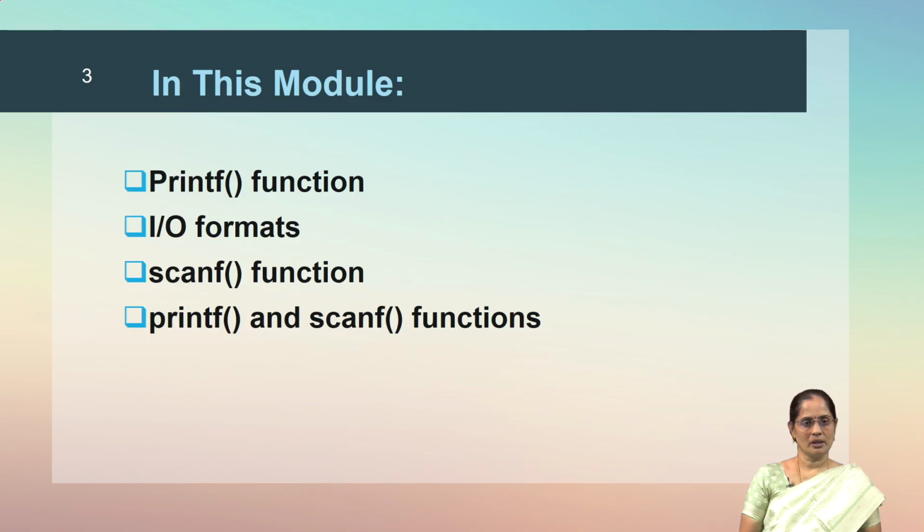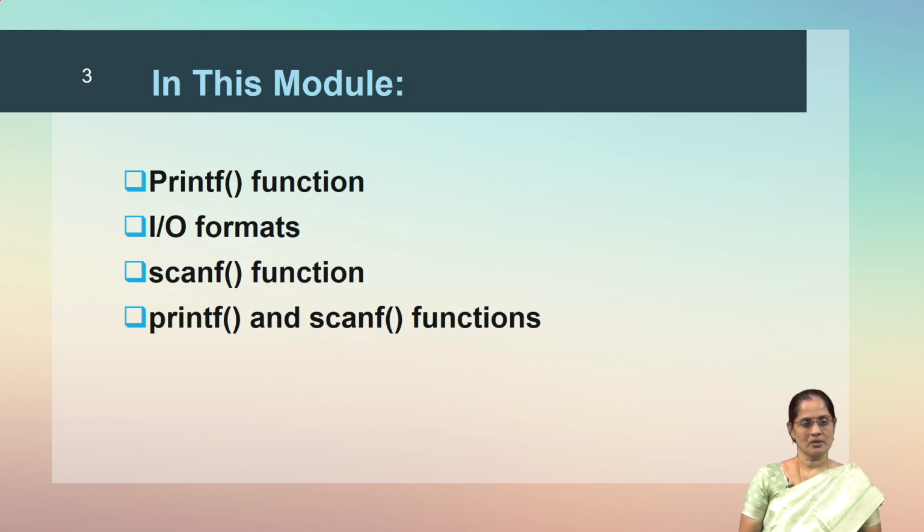In this module, we will be focusing on formatted input and output statements with respect to printing and reading. We will learn about the printf function, which is an IO function, and the scanf function, which is used for reading values.